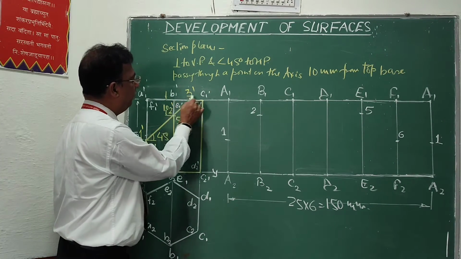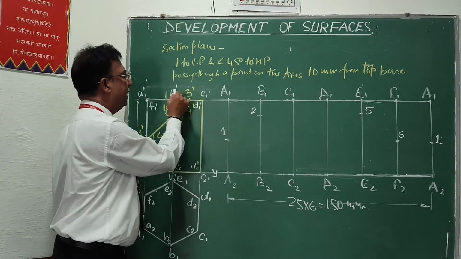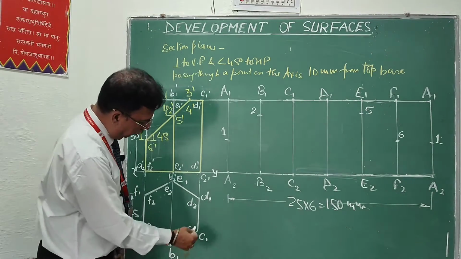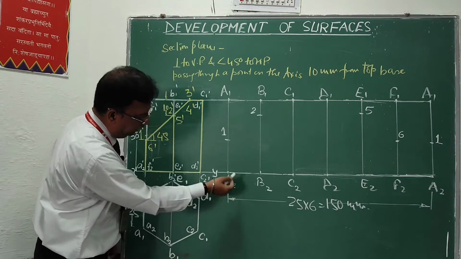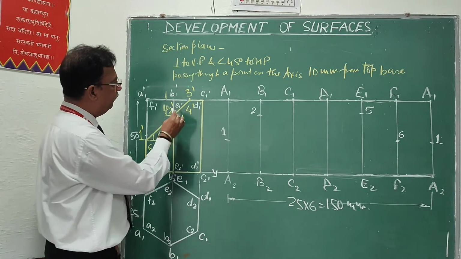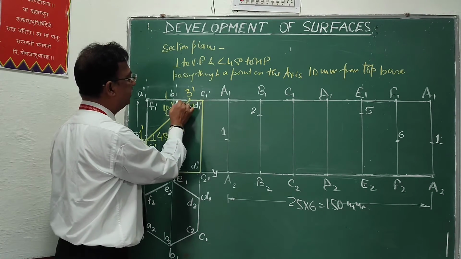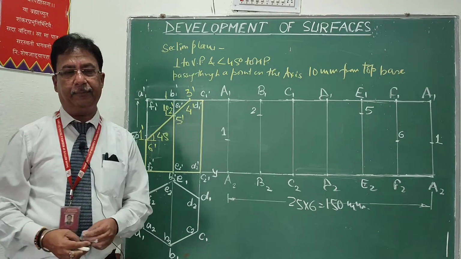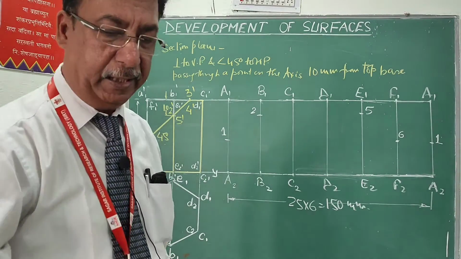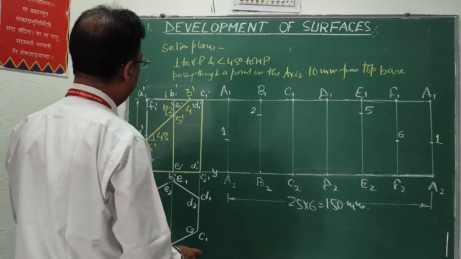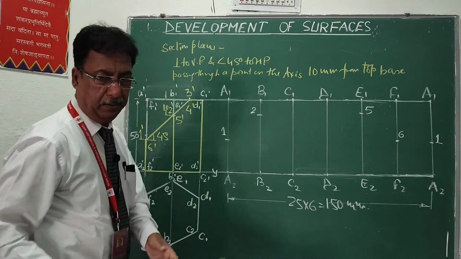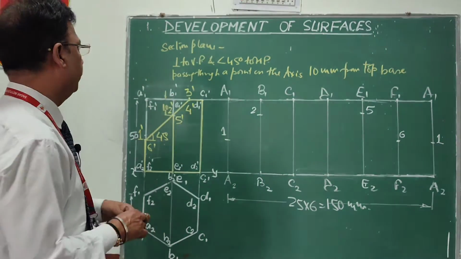This 3 dash point will be on the B1 dash, C1 dash, that is not showing the true length, because in the top view this BC will be inclined to VP. Same way this D1 dash, E1 dash, the point 4 dash will be on this, it is not showing the true length. So I am not getting the true distance in the front view. So what we will do, we will shift this point in the top view.